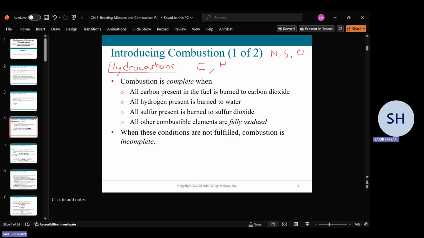We essentially react these hydrocarbons with the most abundant oxidizer that we have, which is oxygen in the atmosphere. And then you get CO2 as well as water as your primary combustion products. Of course, if you have nitrogen and sulfur, they will react to form all sorts of nitrous oxides and sulfur oxides.